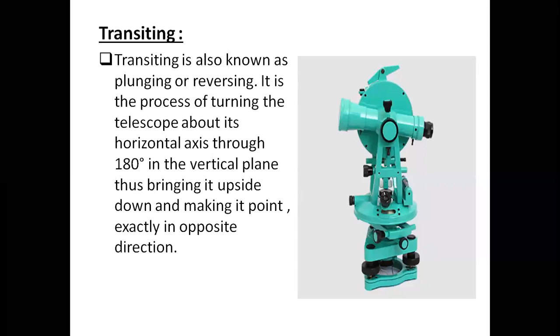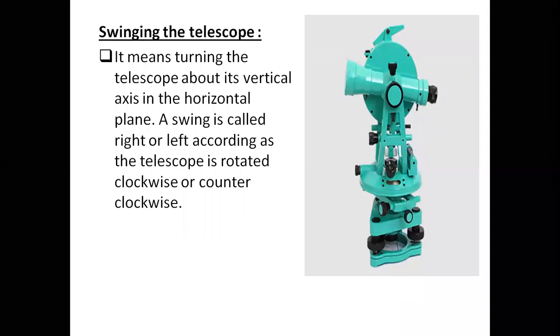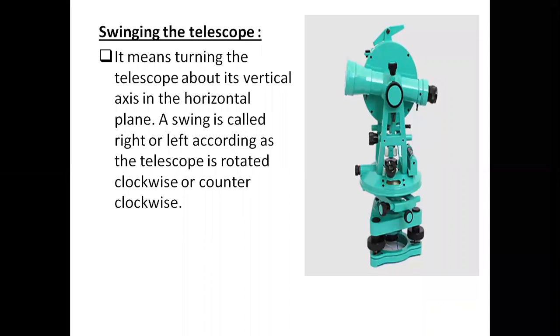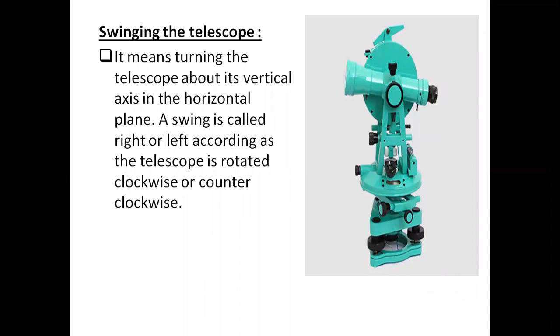You should get the difference in this. In transiting, you revolve the telescope in a vertical plane, and in swinging, you revolve the telescope in a horizontal plane.